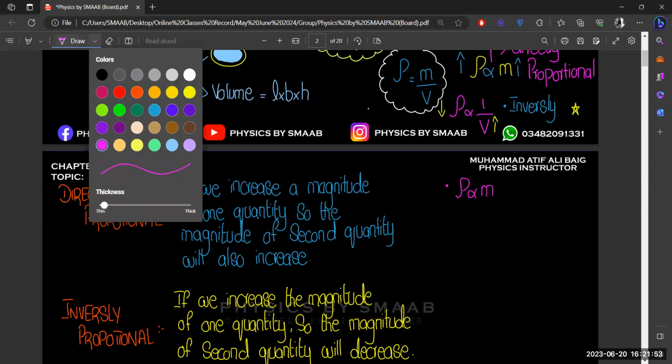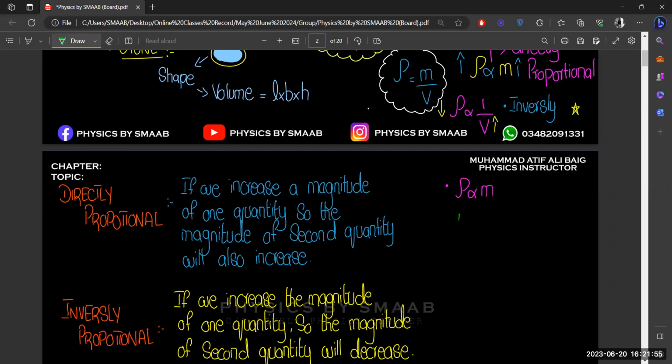So we may write it as: density will increase with increase in the mass of a body.